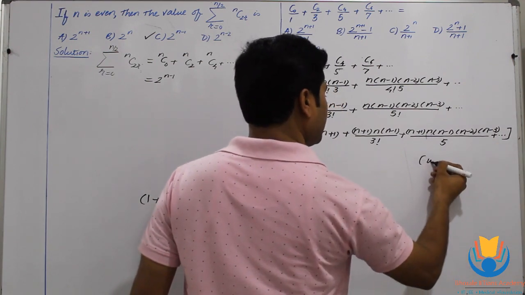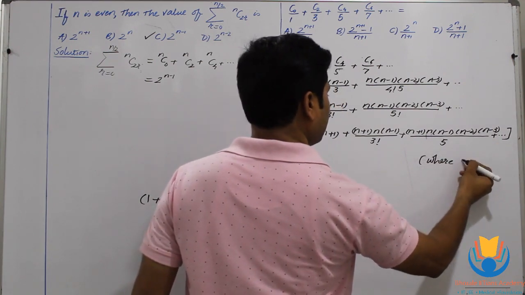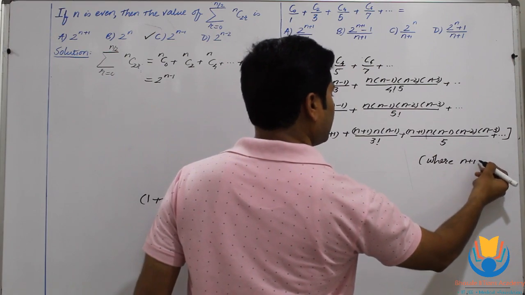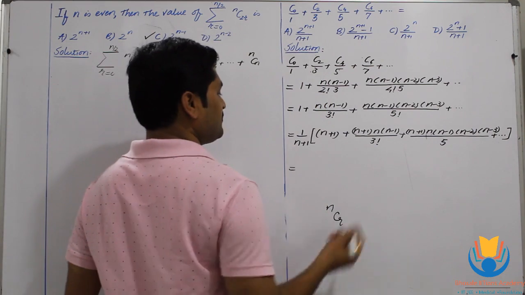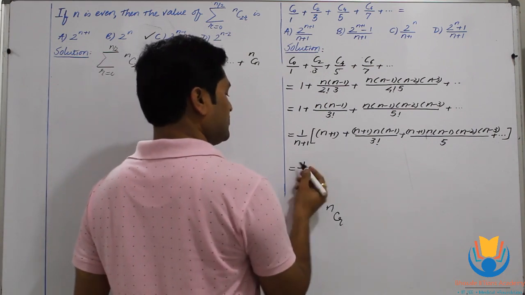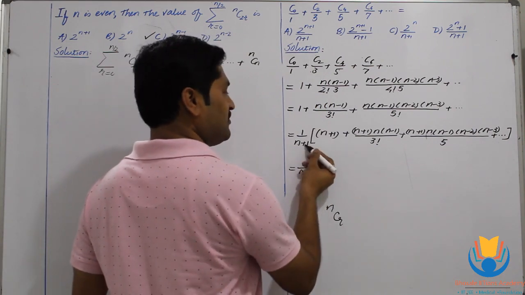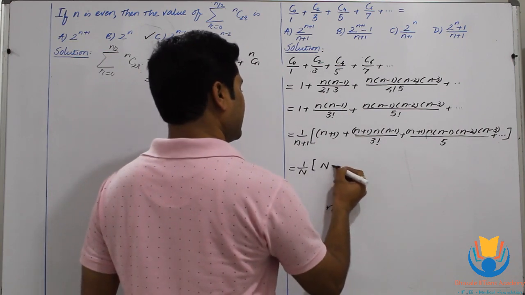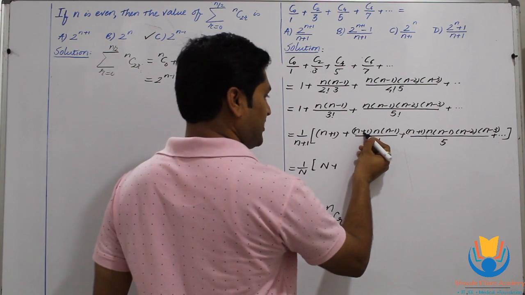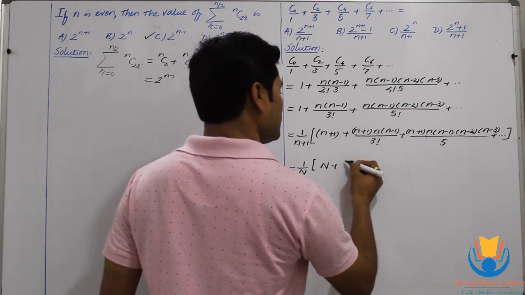So here we have substituted this n plus 1. We are going to substitute this n plus 1 as n in the next step. So here we will write capital N instead of n plus 1 everywhere. So here it is capital N, this is capital N into n minus 1 into n minus 2.